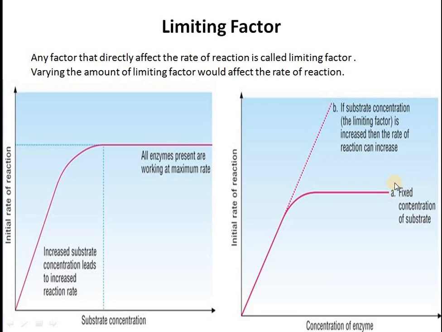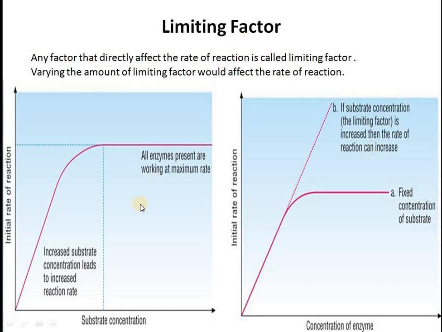It is because at this position the concentration of substrate was limited. So whatever quantity of substrate was present till this point is now changed to product. Now the enzymes are there, but there is no substrate. The rate of reaction would increase only if I add more substrate.